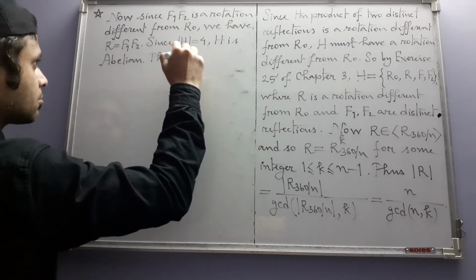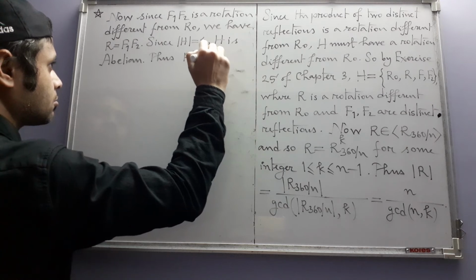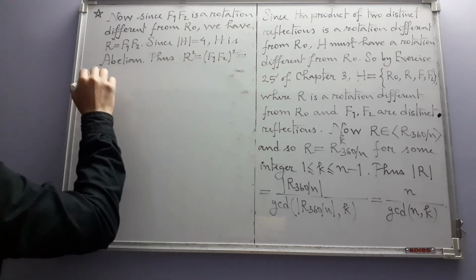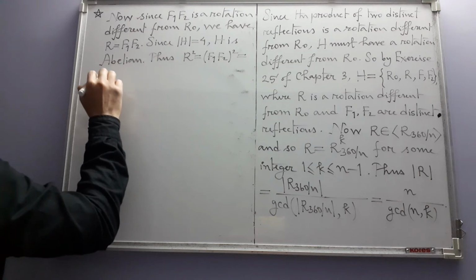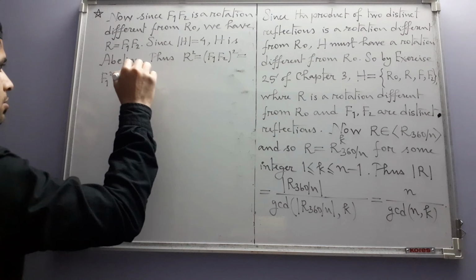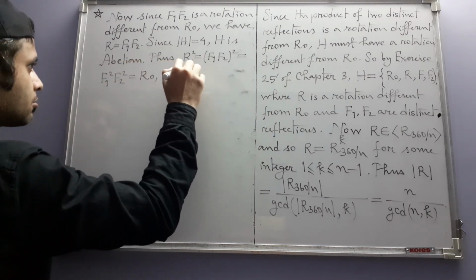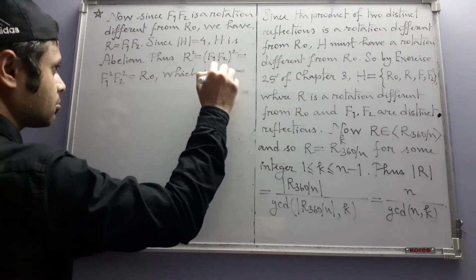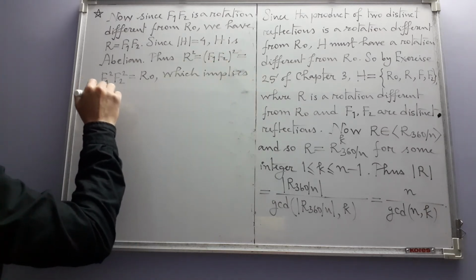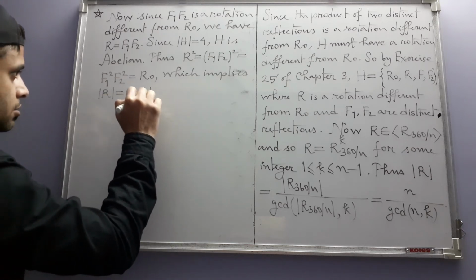Thus, F1 squared F2 squared is R0, which implies R squared is R0, hence the order of R is 2.